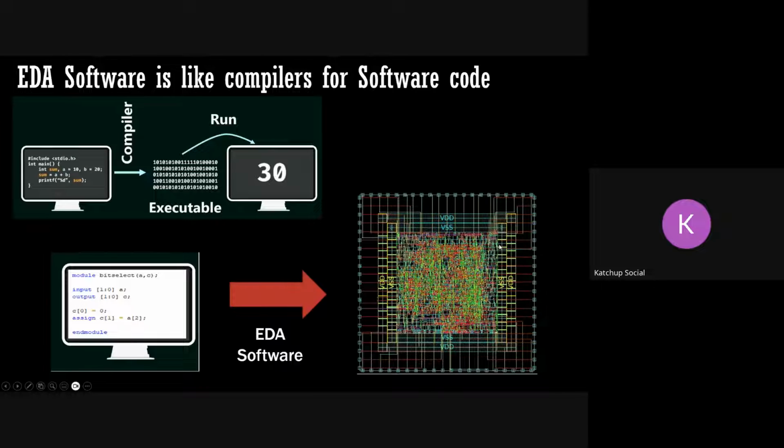So it's not very different from software programming. Your compiler creates an executable which you run on your PC or cloud. Similarly, EDA software converts the design you have written into a physical design, which then goes to the foundry.